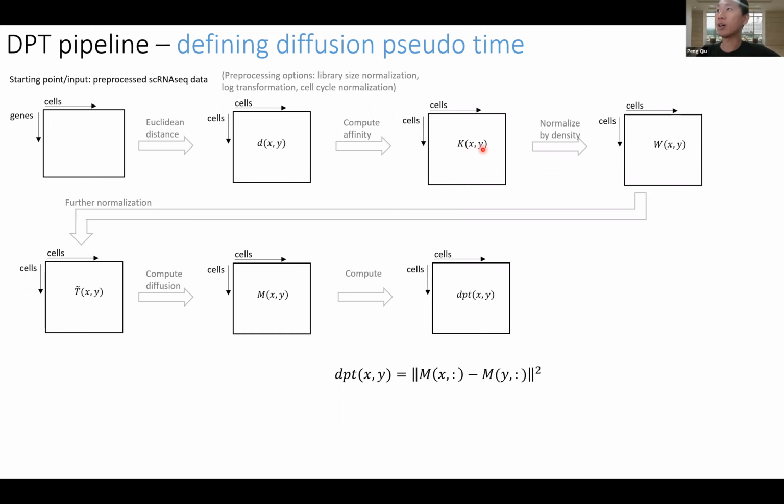And because of how they discounted large distances, this diffusion pseudotime matrix can roughly approximate the geodesic distance in Isomap, and also the k-nearest neighbor graph and geodesic distance concepts in UMAP.